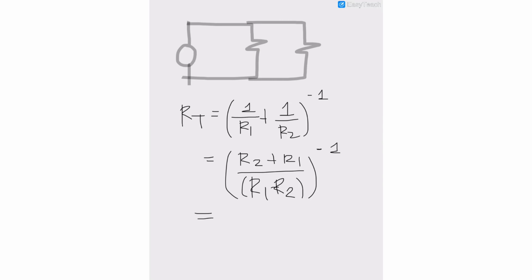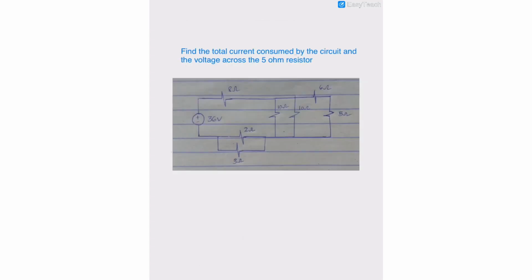Therefore the formula is R1 times R2 over R1 plus R2. There you have it. We will solve this basic example.